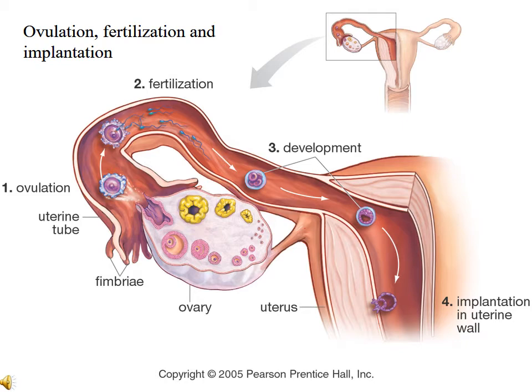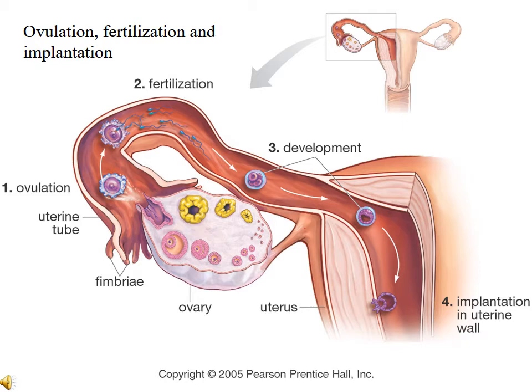Now the egg will migrate into the fallopian tube, and cleavage initiates. Remember, cleavage is the division of cells that form the morula, that form the blastocyst, and so on. At number 3, we are seeing cleavage occurring.